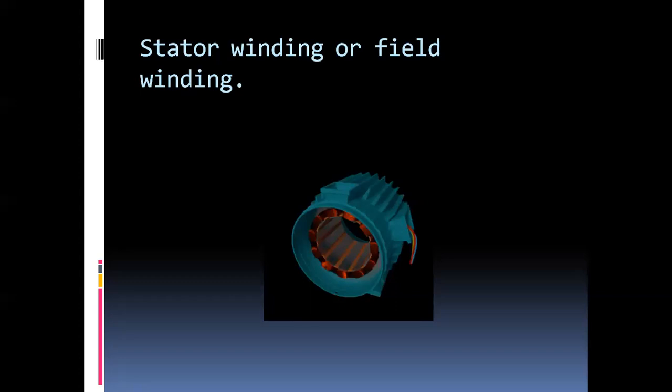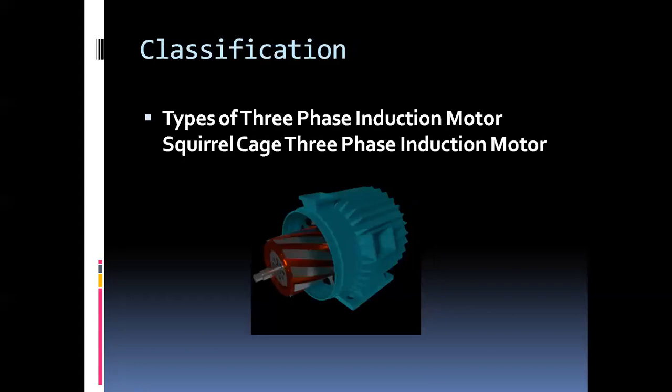The squirrel cage induction motors. Coming to the classification, the squirrel cage three-phase induction motor rotors are basically made up of aluminum, brass, or copper materials.